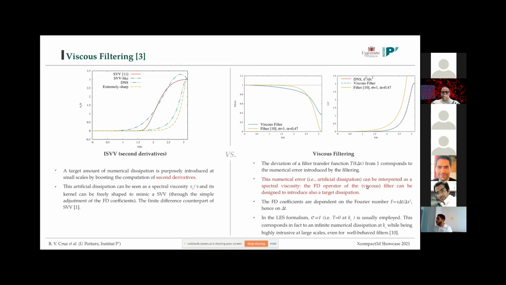When we use it, we see that in terms of numerical dissipation, it corresponds actually to an infinite value at the cutoff wave number, while being highly intrusive at large scales, and this is not very good. So this happens for any type of filter, no matter which one, if we aim to remove all the scales at the cutoff wave number.